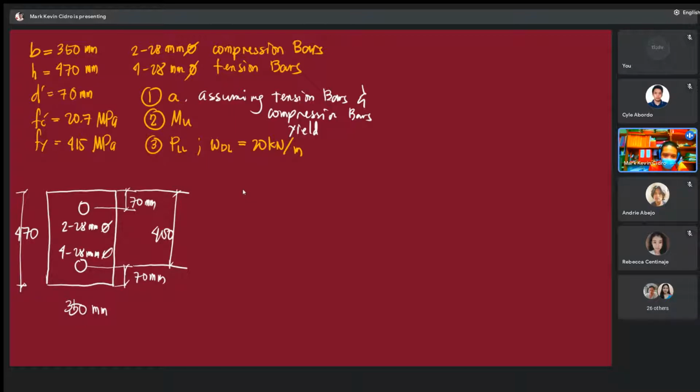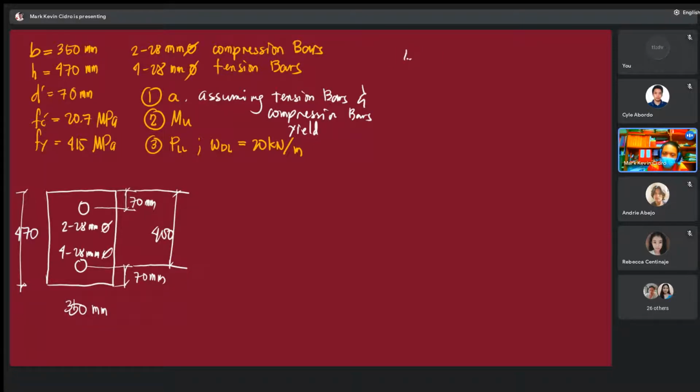So the first step is to determine the value of a, because this is the very first step. Step 1.